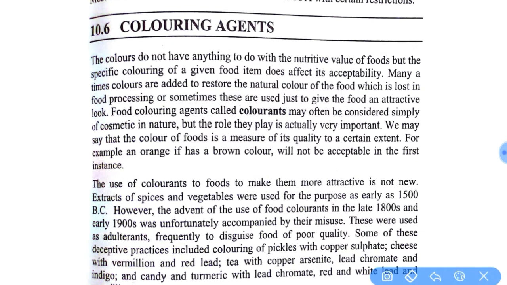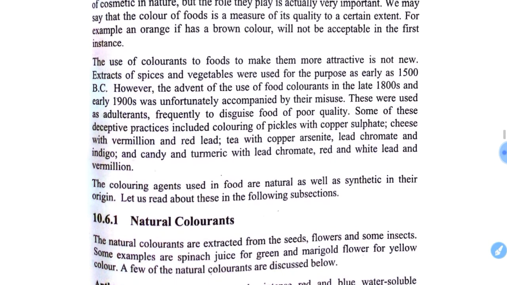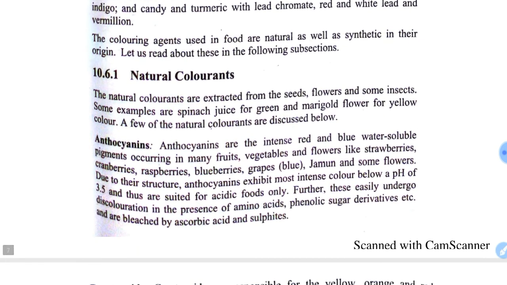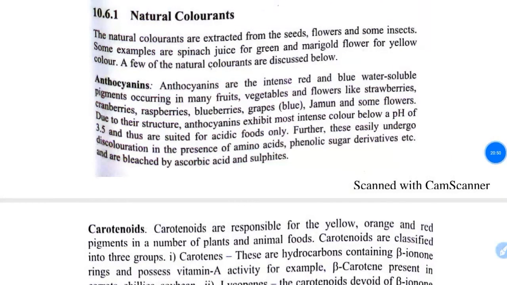this color, like in natural state or in artificial state. So based upon that, we can divide colors into two types, that is natural colorants and synthetic colorants. Okay, natural colorants are extracted from seeds, flowers, and also from some insects.